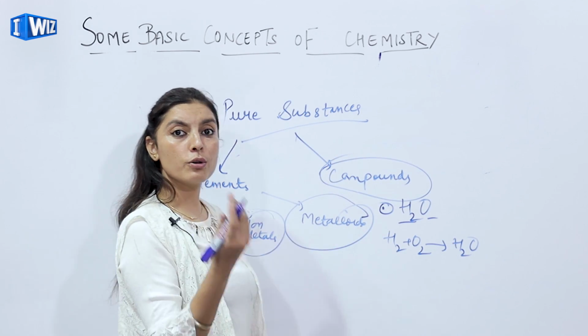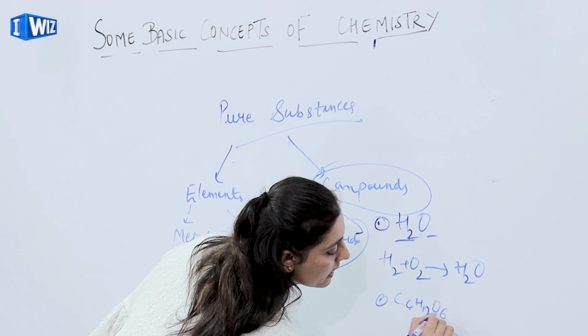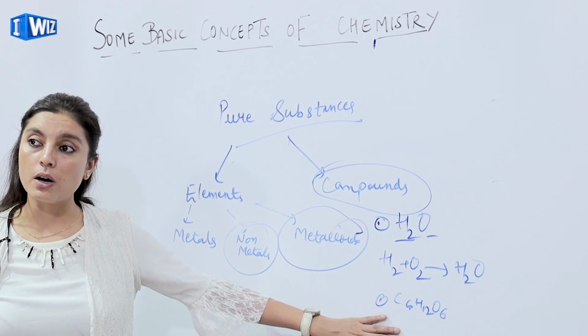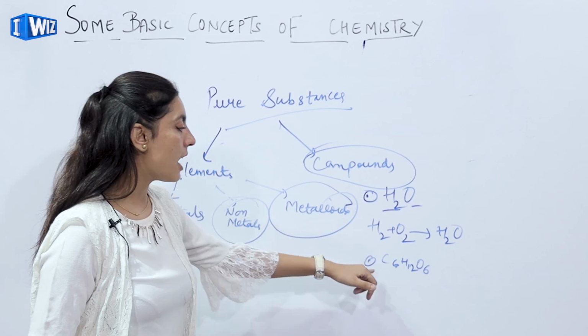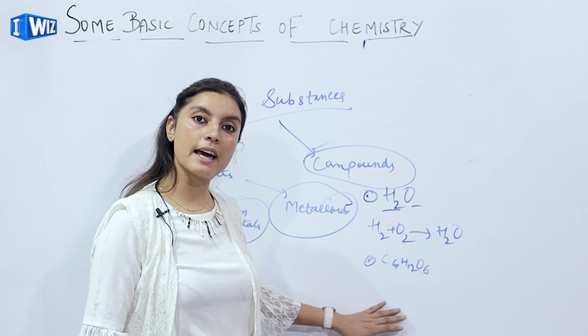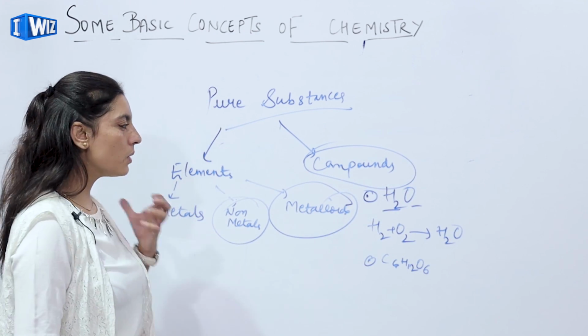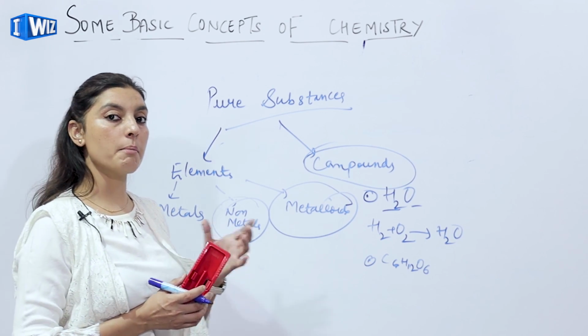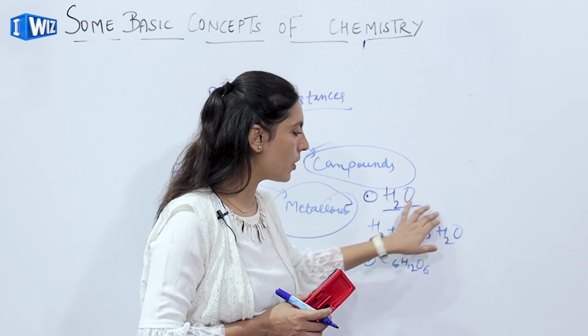Let's talk about glucose, C6H12O6. Again, it is a compound which has been formed by the combination of carbon, hydrogen and oxygen, different elements, and they combine together to give us a single compound. Now something very interesting about compounds: hydrogen and oxygen combine to give us water.